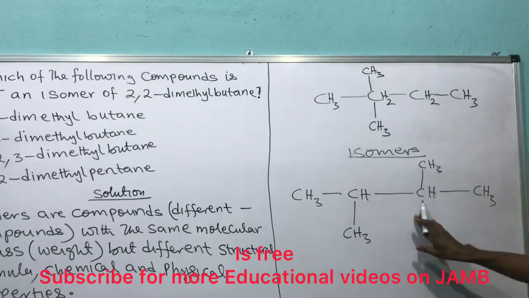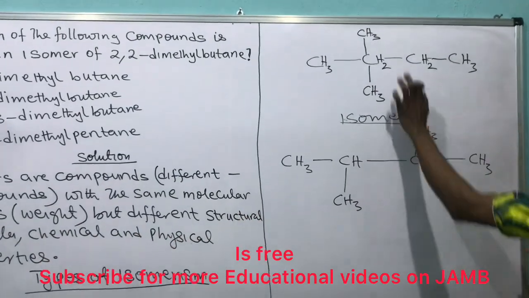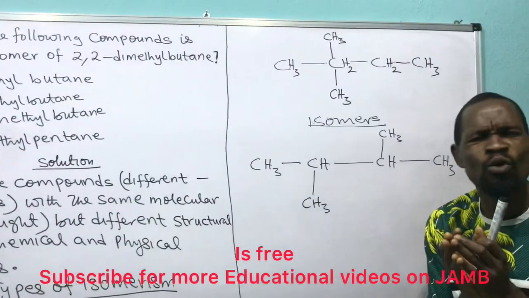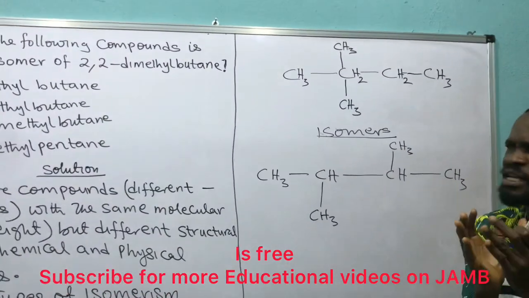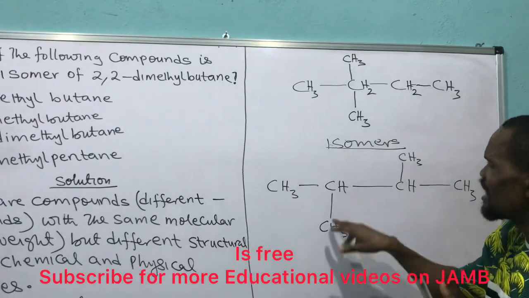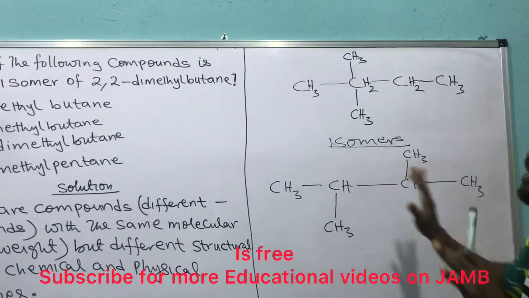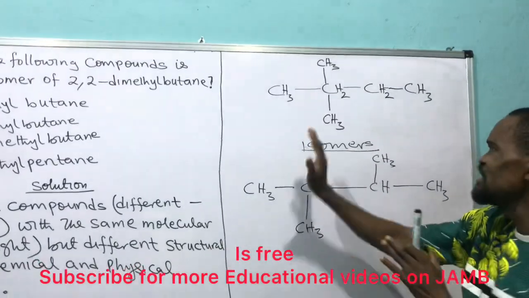This is another compound I have formed from this, and we will call it an isomer of this. It has the same molecular weight. How many carbons are here? 1, 2, 3, 4, 5, 6. Six carbons here, the same molecular weight.